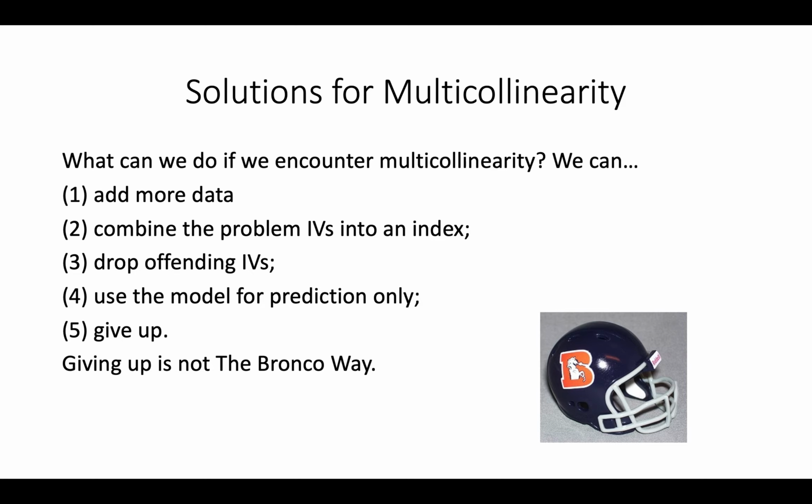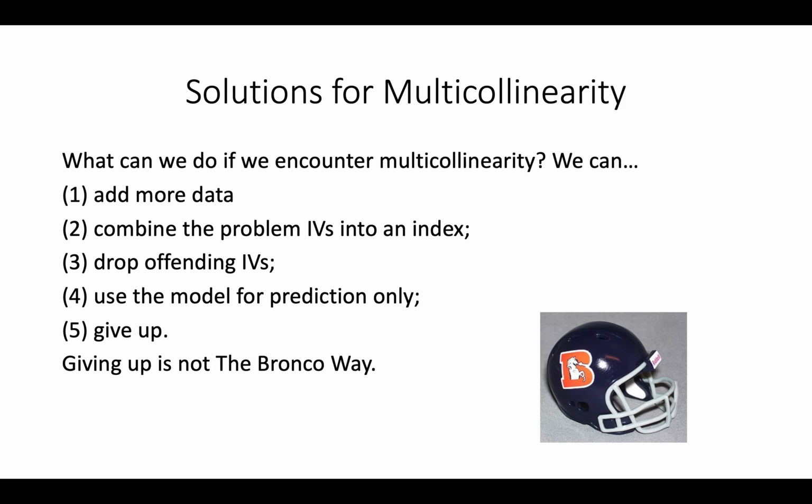We could try to combine independent variables into an index. If that is possible, then that would eliminate independent variables that are collinear to the dependent variable. We could drop offending independent variables. We certainly see that in Germani's equations, so we could potentially drop some independent variables.